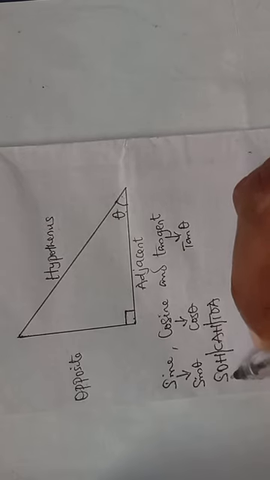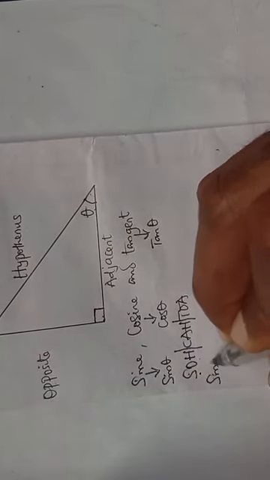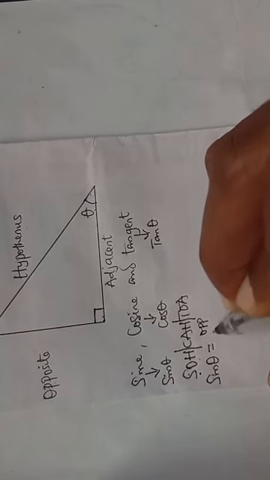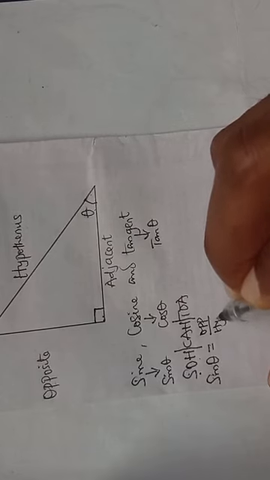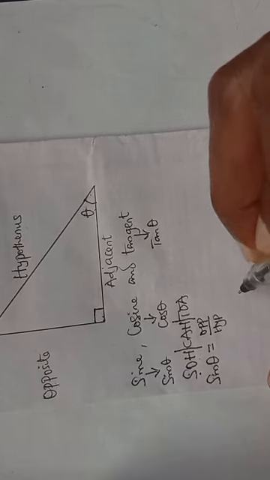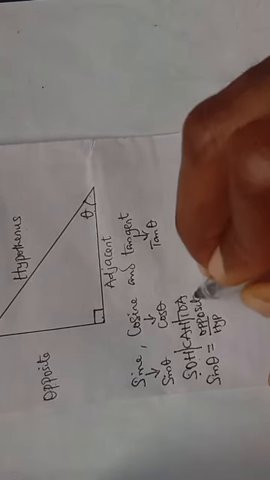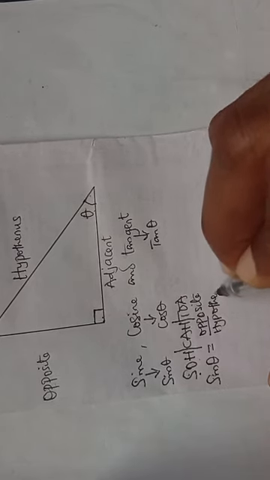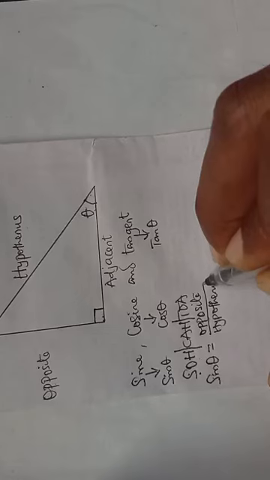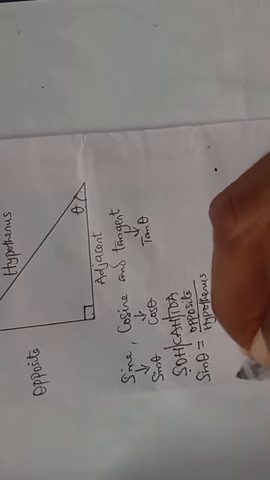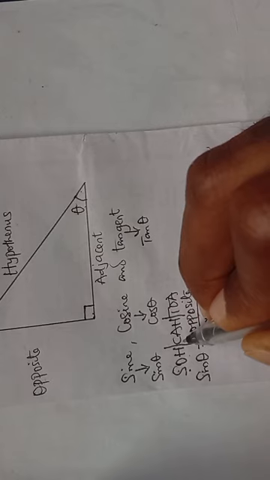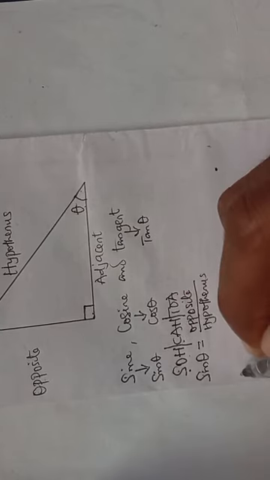Now, this first part is sine with its formula. That means sine theta is equal to O, which means opposite, over hypotenuse. Let me put it in full. Then this one means cos or cosine with its formula.